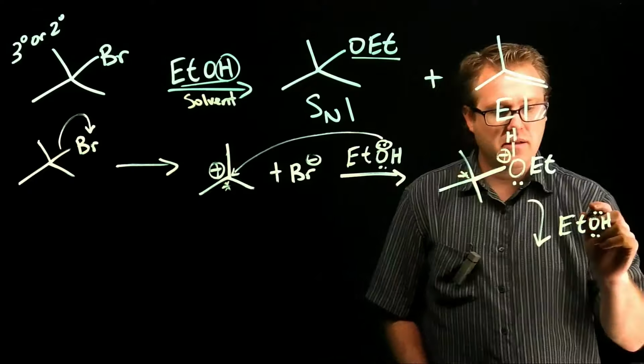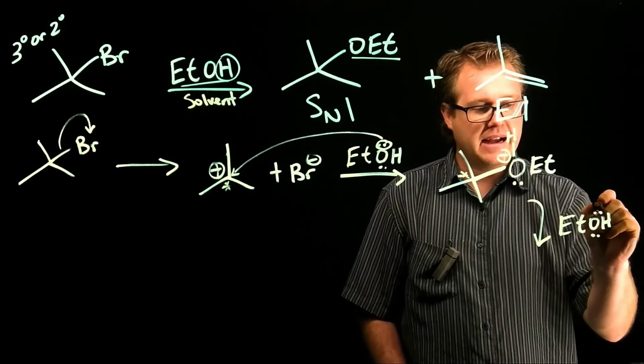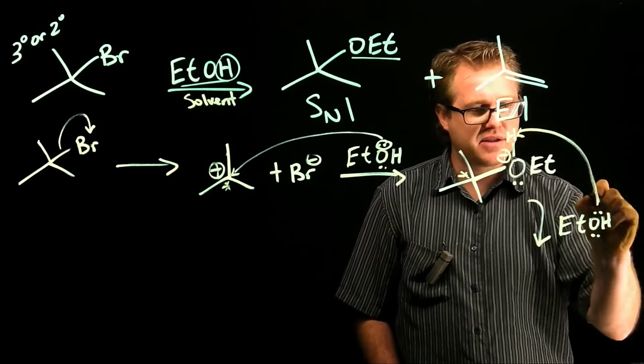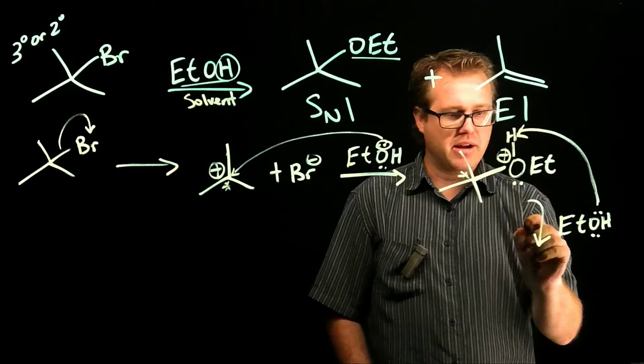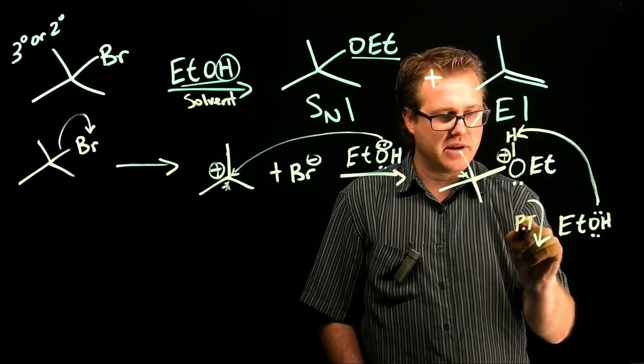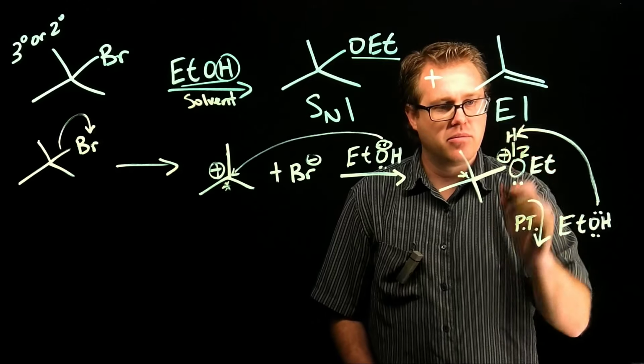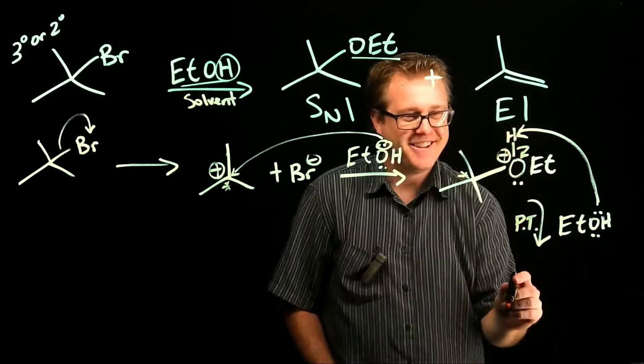So that ethanol, another ethanol molecule, can act as the weak base to do this proton transfer. So this step right here is called the proton transfer step because we are transferring a proton.